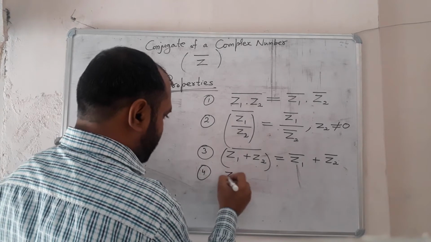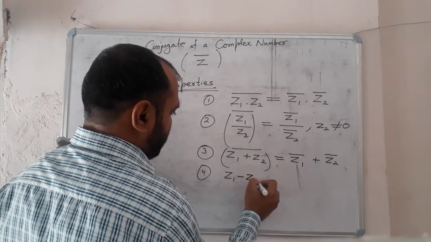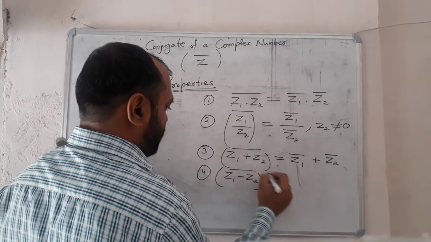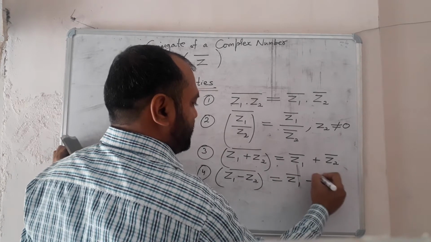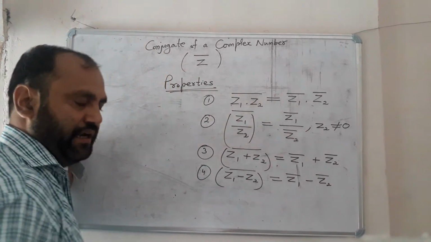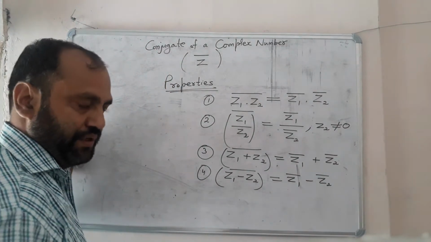Similarly, for the negative sign, Z1 minus Z2 whole conjugate is equal to Z1 conjugate minus Z2 conjugate. So these are the properties of conjugate.